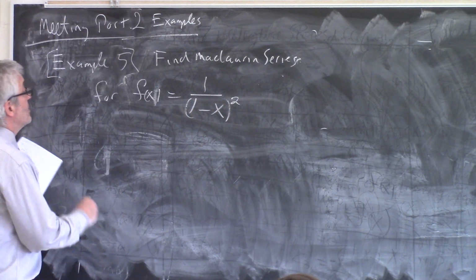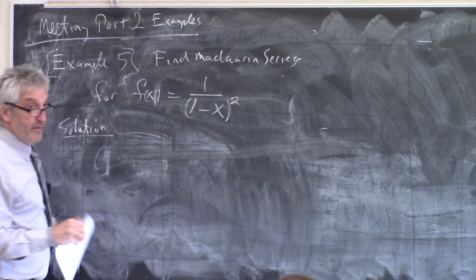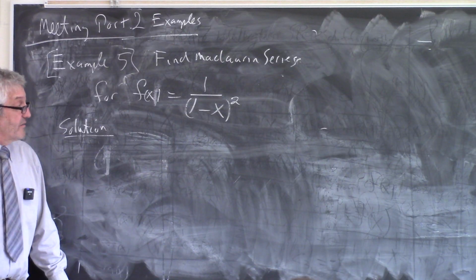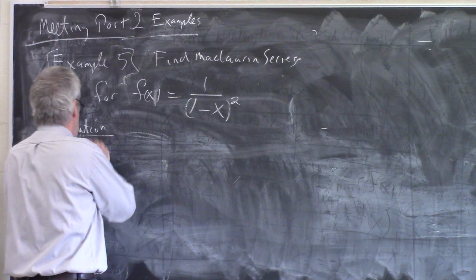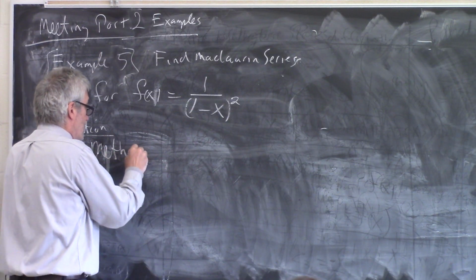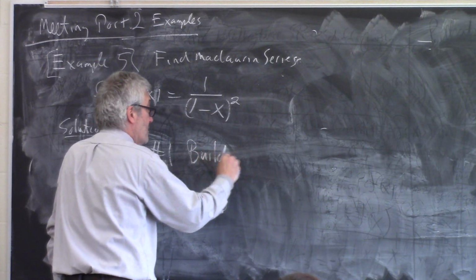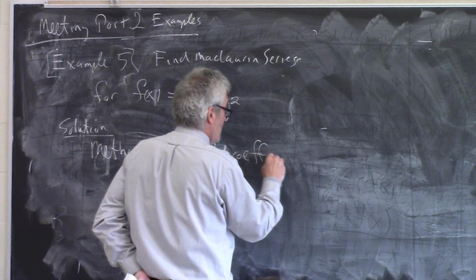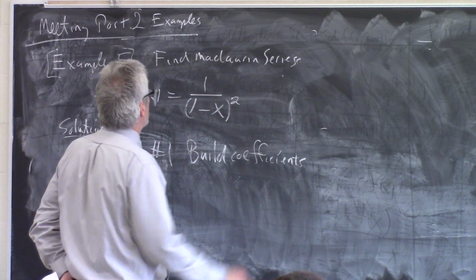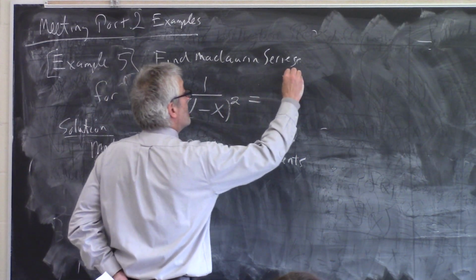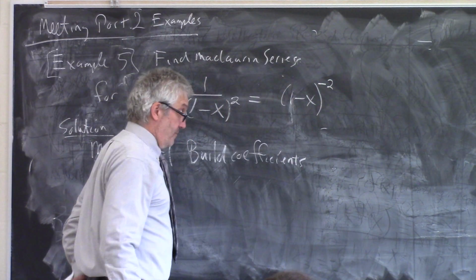Okay, well, as you might guess from the way I've been doing these, this is going to be one where we can do two methods. Method 1 is to build the coefficients. So now remember, this is 1 minus x raised to the minus 2 power.